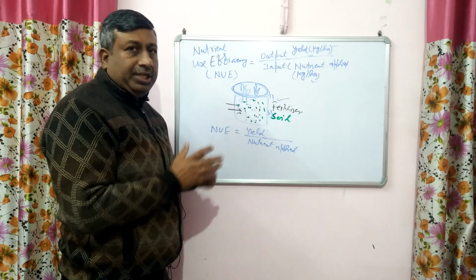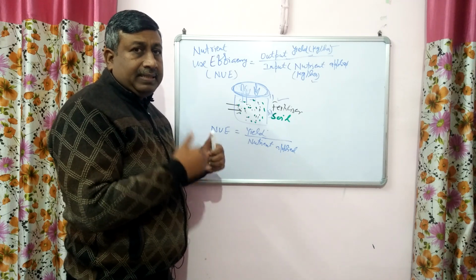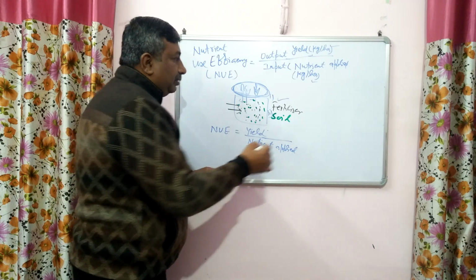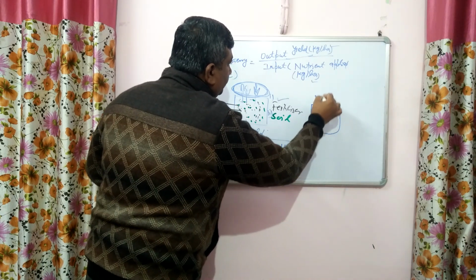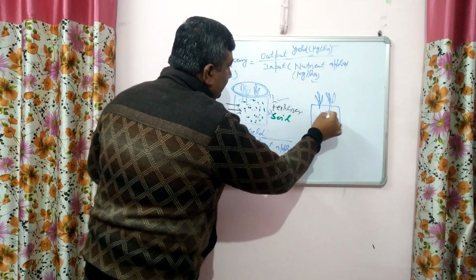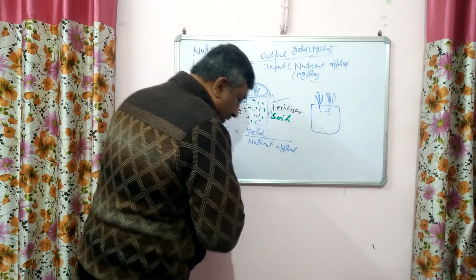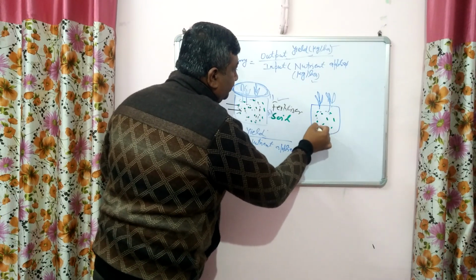So in this calculation we conduct an experiment and simultaneously grow the crop without fertilizer. We make a field also and grow the crop, and in this soil we do not apply fertilizer; only soil native nutrients are present.